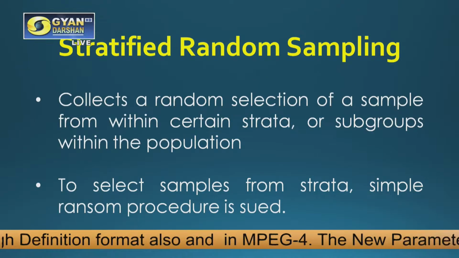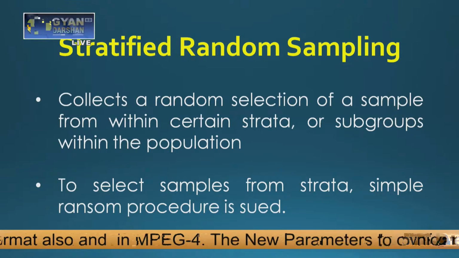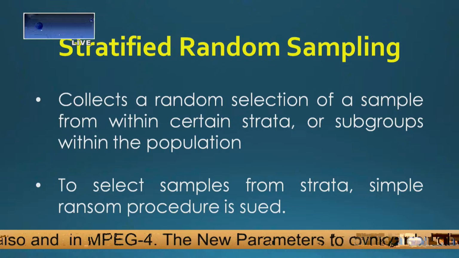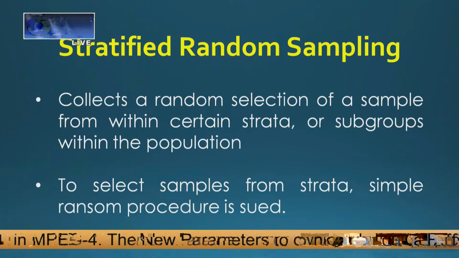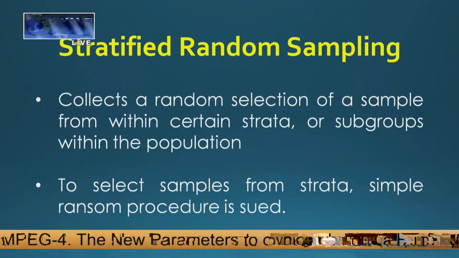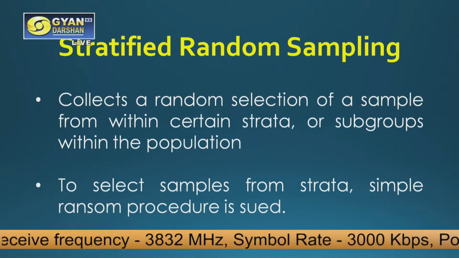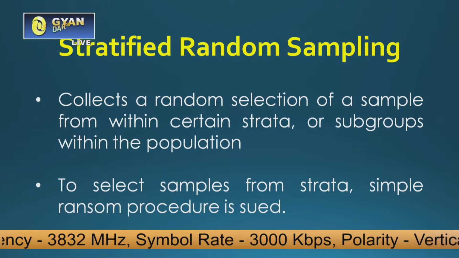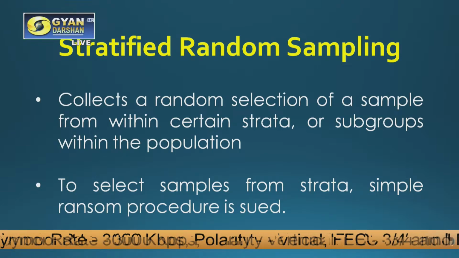The next is stratified random sampling. Here you select at random from within certain strata or subgroups within the population. To select samples from strata, a simple random procedure is used. We make some groups. For example, if we are working on the state of Delhi, we make groups like north, east, south, west, as a very simple example.